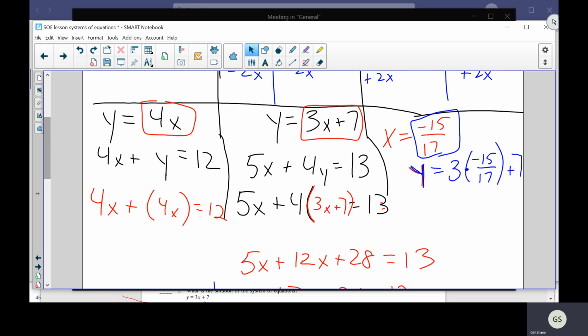But then, once I solve for x, I have to say, okay, well, I need to solve for y. So I took this whole equation where y equals all of this stuff, and now I replaced the x, which is why there's a box around that. I took out the x, so there's no x, and I replaced it with what's in the blue box. If you can just show me that you know to replace it, then even if you get the math wrong, that's pretty much full credit for the second variable.